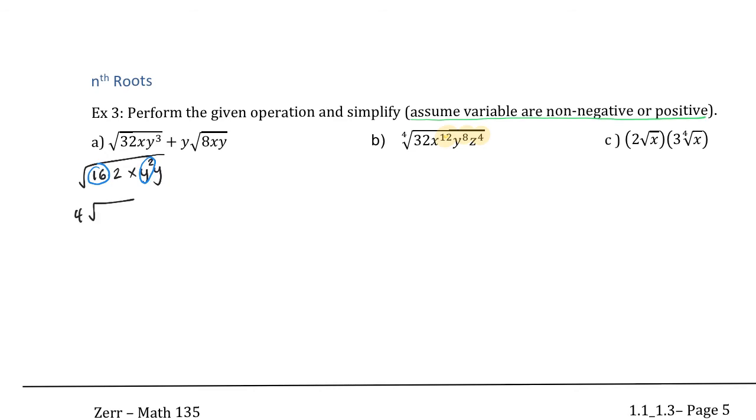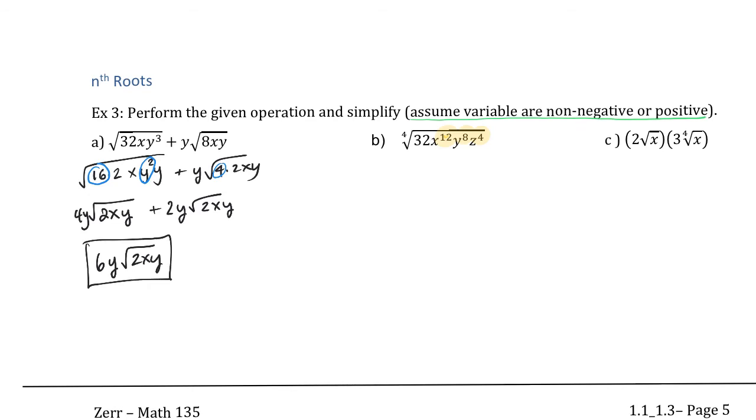So we'd get 4 times the square root of 2xy, and then 8 is 4 times 2, and I can take the square root of 4. So then the square root of 4 is 2, so that would be 2y times the square root of 2xy, and I have, oh, I forgot my y here. Whoops. Okay, good. So now I have 4 of these things plus 2 more, so that gives me 6 of them, 6y times the square root of 2xy.